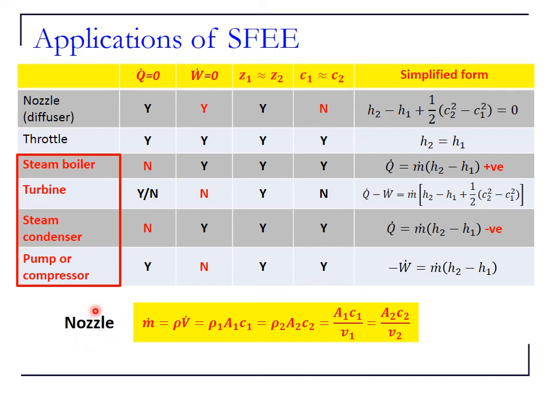Again, I listed this equation especially for the case of a nozzle. I explained this earlier. This is very important and very useful when we calculate especially the exit area A2.